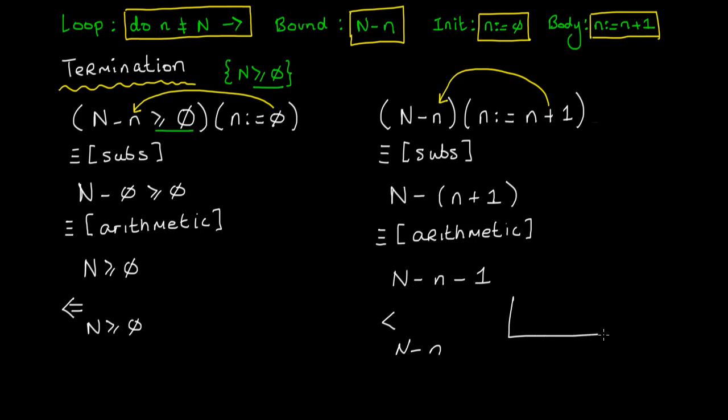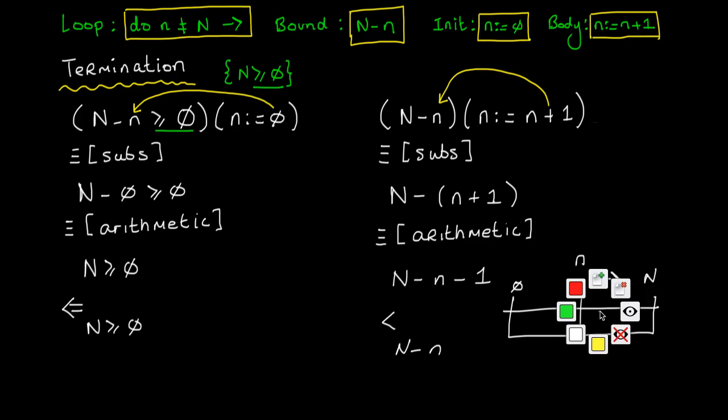If we go back to our little diagram, we'll see, okay, 0 here, N here, and we've got a snapshot in the middle, small n is here, and small n is moving in that direction all the time. That is because the space that we've got left to process, this space here between n and large N, is shrinking all the time. And that is because of this N minus n minus 1.